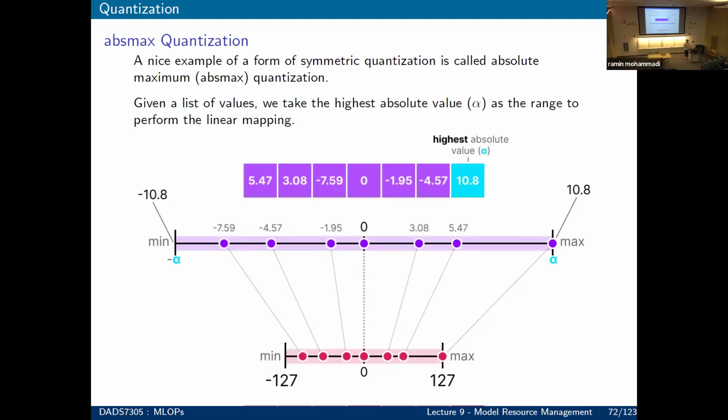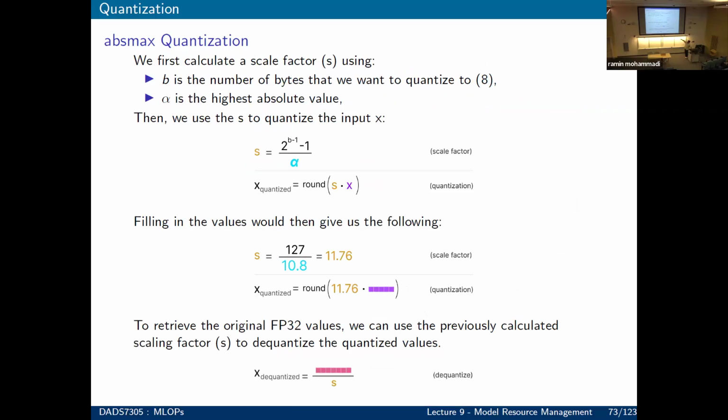What dimension are we quantizing to? Integer 8. So what do we know about integer 8? 2 to the power of 8 minus 1 minus 1, 127. Correct? So 127 divided by 10.8, 11.76, is your scaling factor.